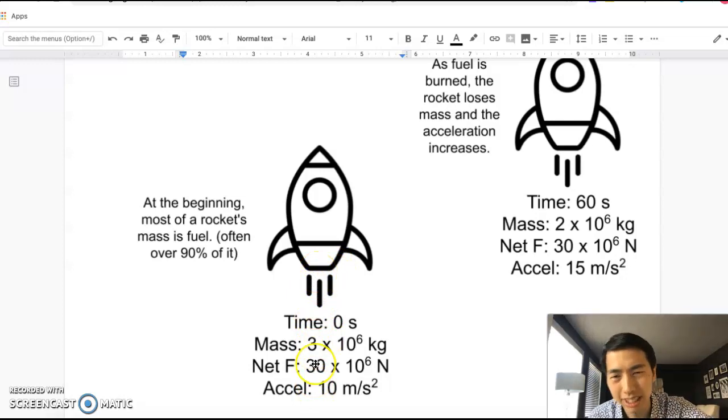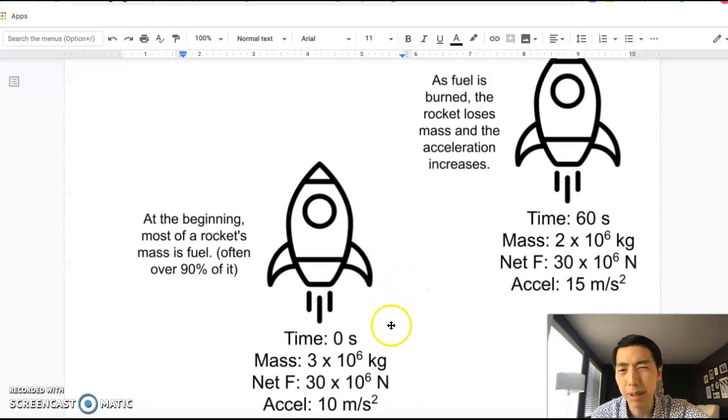In essence, the rocket applies a backwards force on the gases, and due to Newton's third law, the gases apply an upwards reaction force on the rocket, and we call that force thrust. That's just the language we use for the force on a rocket.